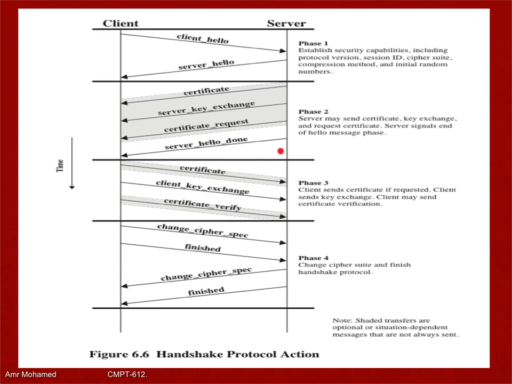In the second phase, the server performs its own part of the authentication to the client. The third phase, the client will do the same with the server. So phase 2, server will authenticate itself to the client. Phase 3, client will authenticate itself to the server.